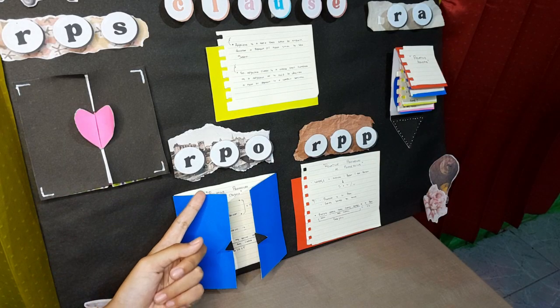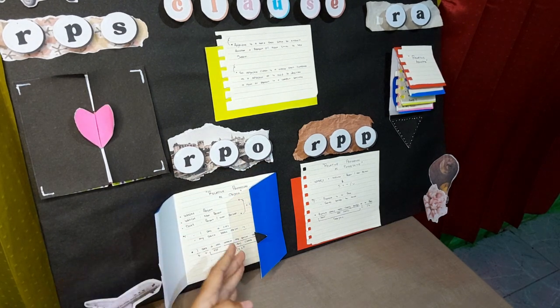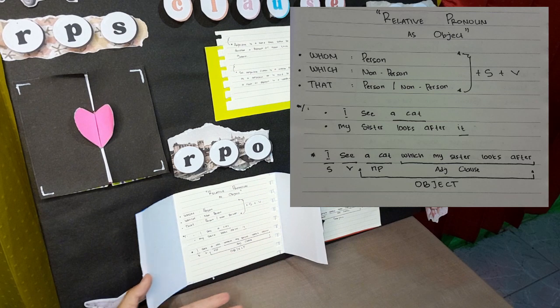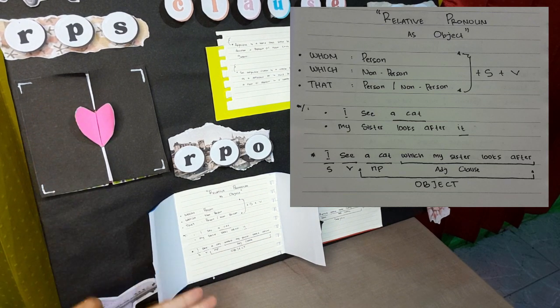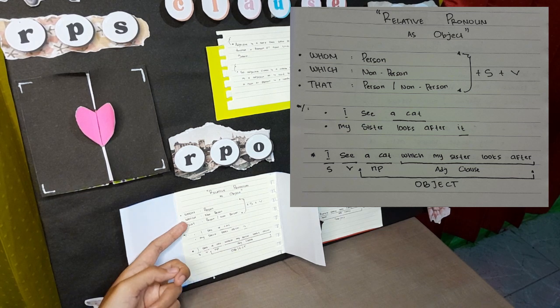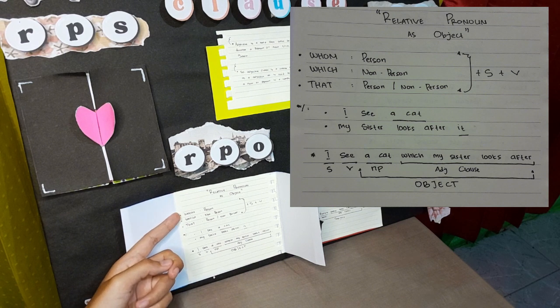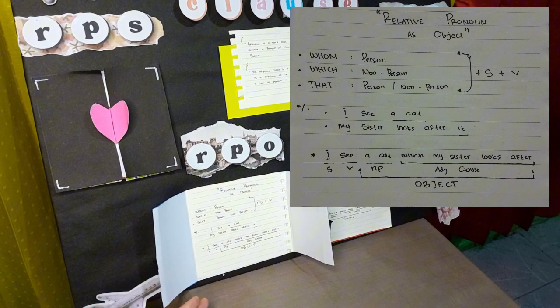Okay, the second one is RPO. RPO is the opposite of RPS. If RPS explains subject, in RPO we explain object. Here there are three conjunctions. There are whom, which, and that. Whom explains person, which explains non-person, and that can be both.